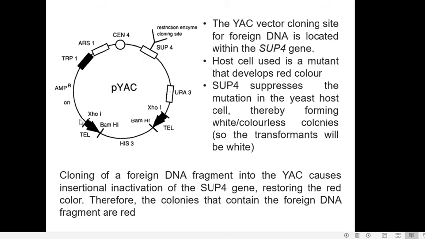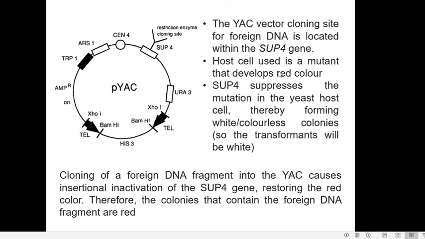Whereas we will have a look at the YAC vector, where we have one gene called the SUP4 gene. The SUP4 gene is a suppressor which will suppress the red coloration of the host cell. So consider a transformed host cell which has taken up YAC.